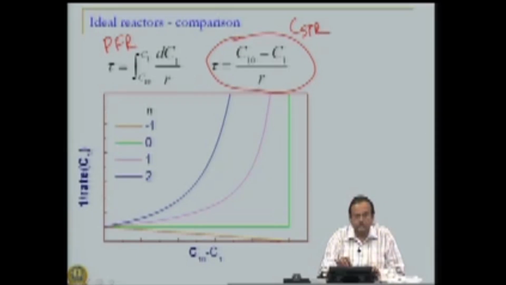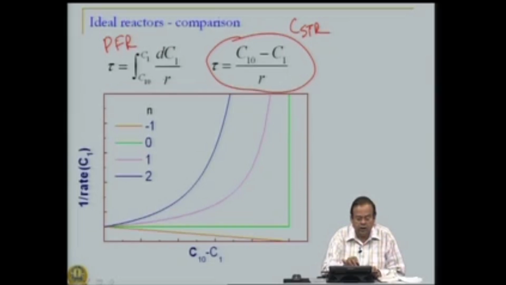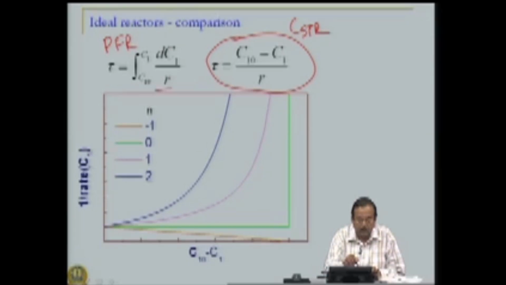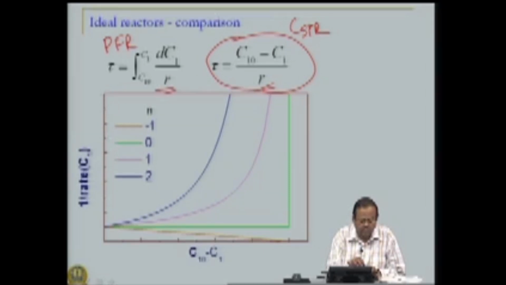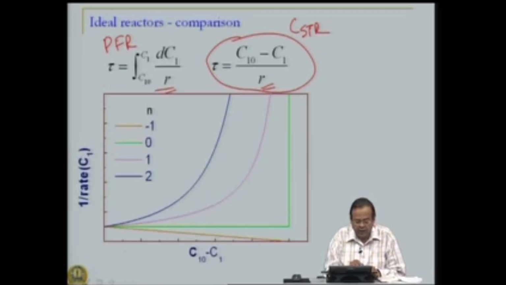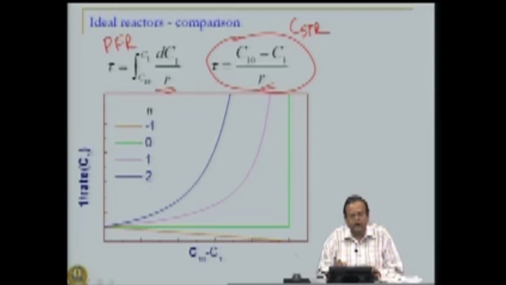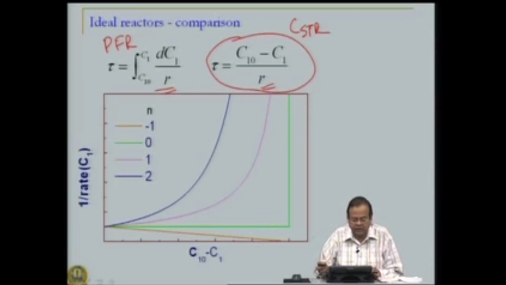Firstly, we notice that in both these design equations there is 1 over R. So, instead of plotting R, the same plot I have now converted into 1 over R on the y axis versus C10 minus C1 on the x axis.